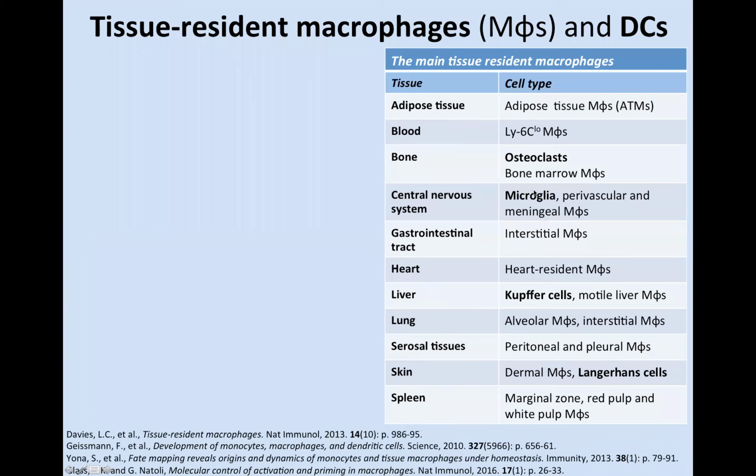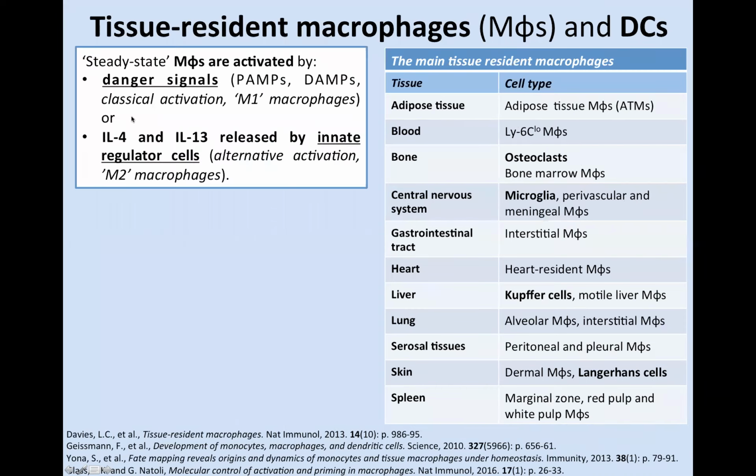Some of them have specific names. For example, in the liver, we call them Kupffer cells, in the skin, Langerhans cells, or the microglia cells in the central nervous system, or osteoclasts in the bone. Others are simply called adipose tissue macrophages, and so on. These are the cells which are always there.